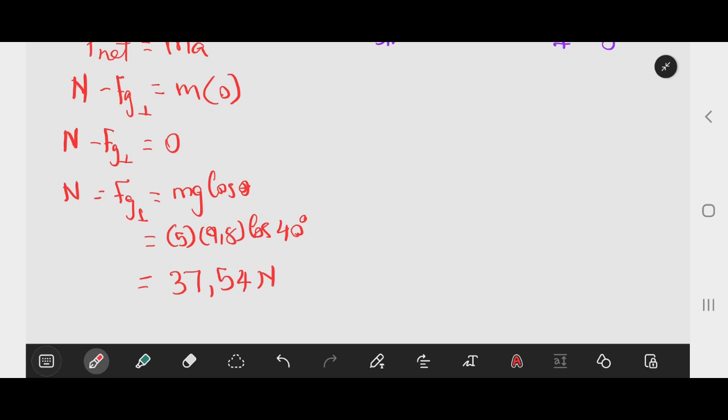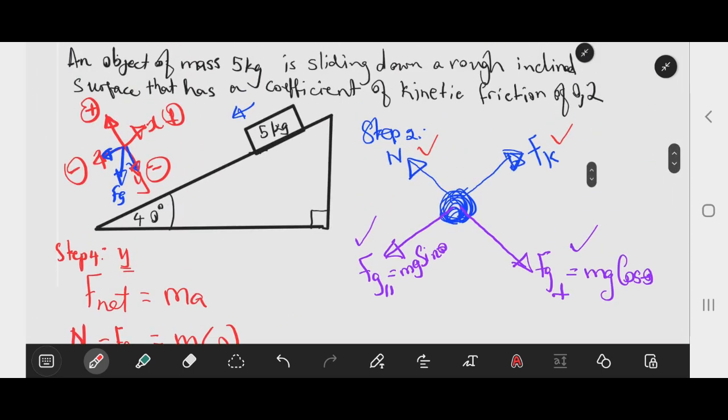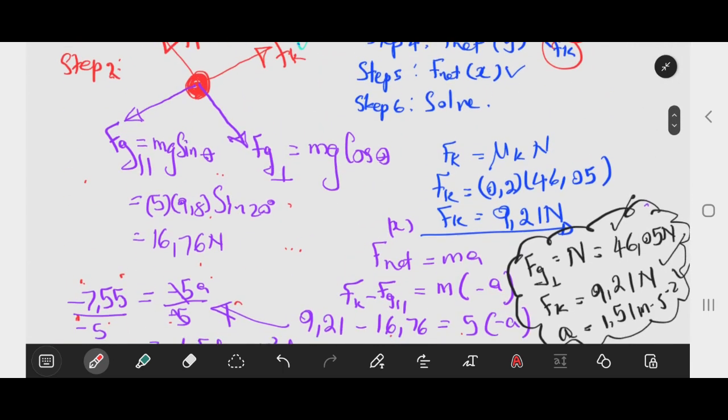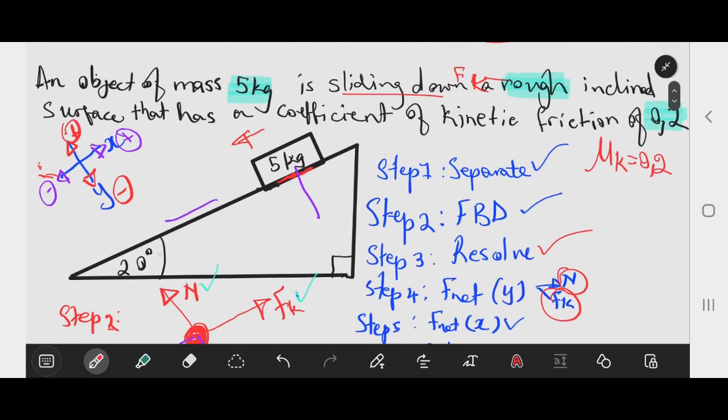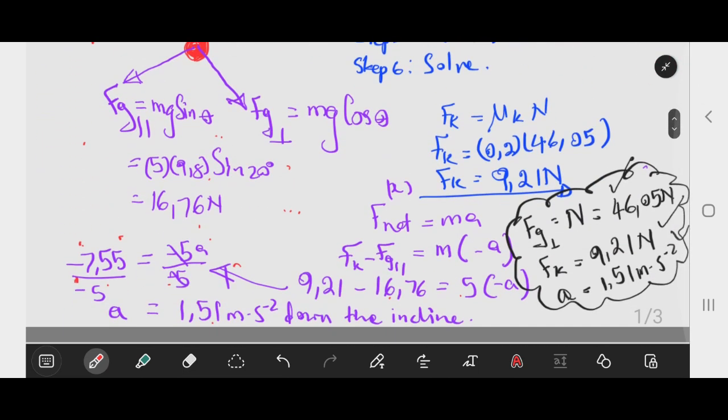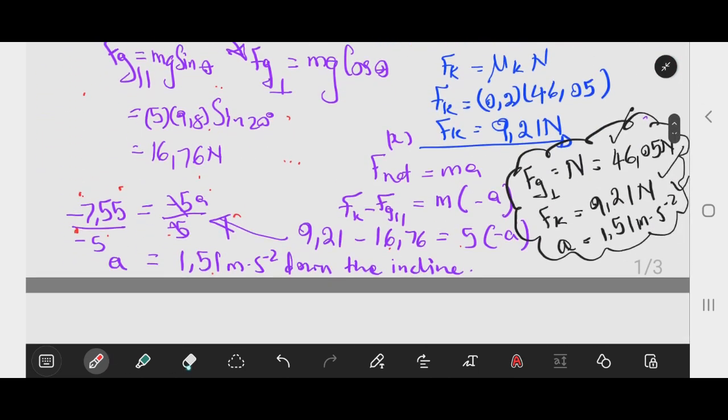Now let us compare this normal force obtained from the angle of inclination of 40 with that obtained with the angle of inclination of 20. If the angle of inclination was 20, we obtained 46.05.